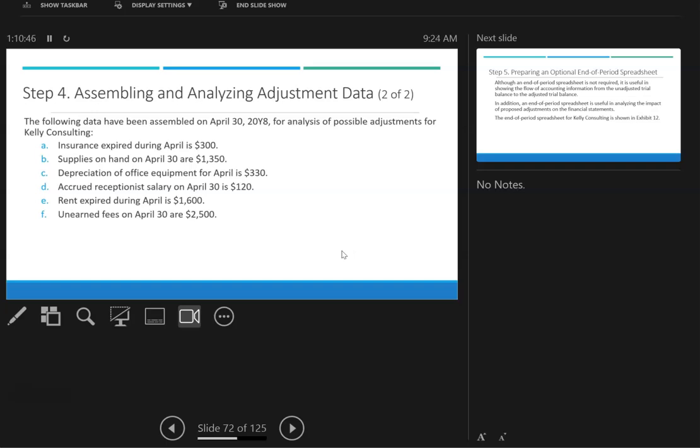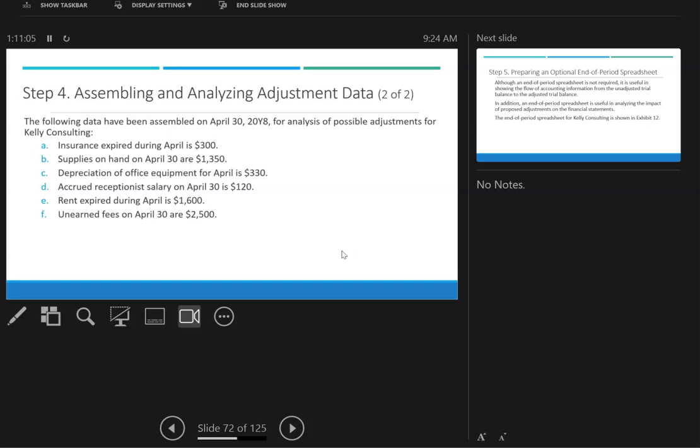In here, we had some insurance that expired. So we need to figure out how much is insurance expense versus prepaid insurance. We need to look at supplies and see how much we've used up during the period. We need to record depreciation on certain assets.